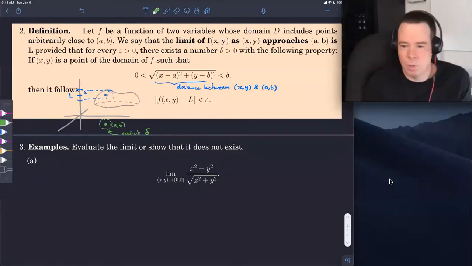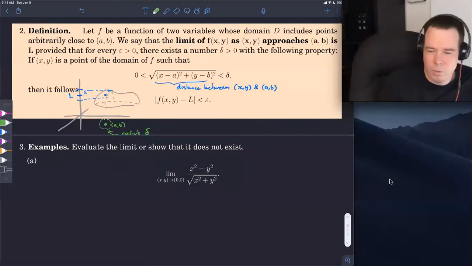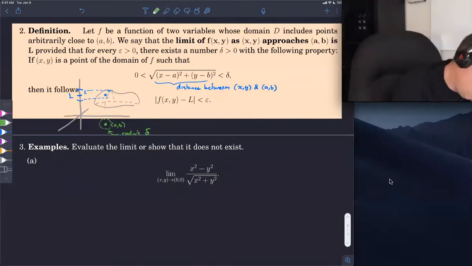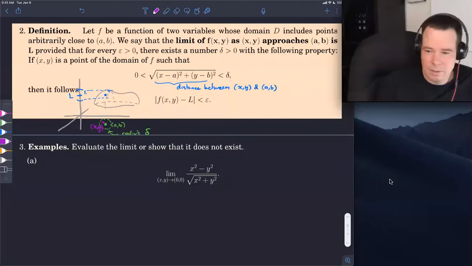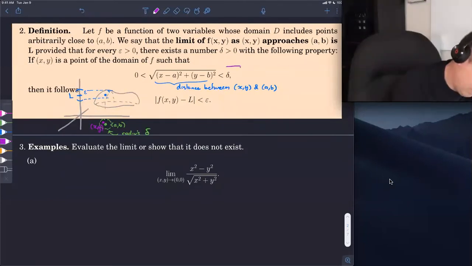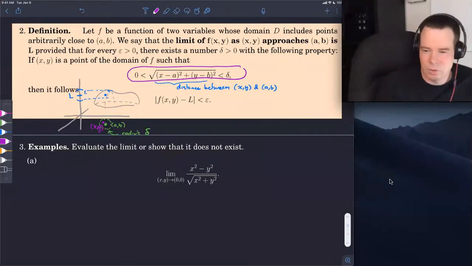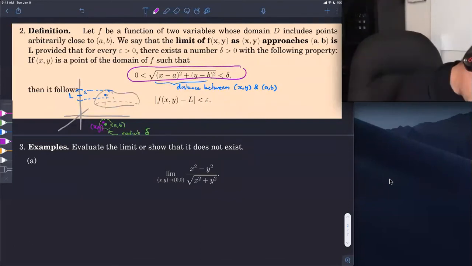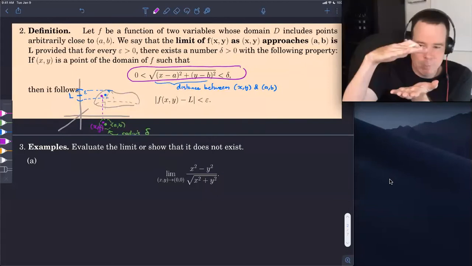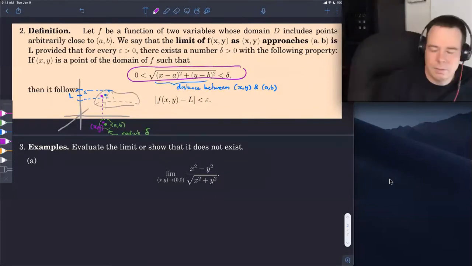So I can find some small delta such that when I take that radius delta circle about my point AB, whenever I have a point XY in that radius delta circle, that's this first line. That's what that's saying. XY is in that radius delta circle about AB. Then when I evaluate the function at that point, I land inside the epsilon sandwich about L.